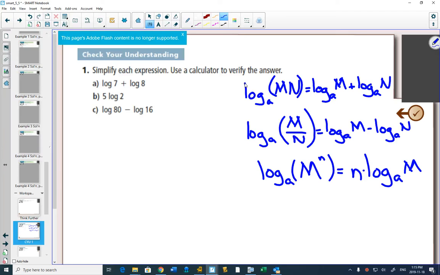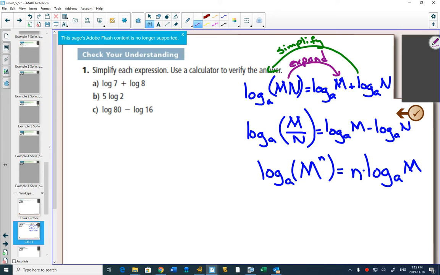As far as words go, whenever we go from the right side to the left side, the left side is considered the simplified side. And going from the left side to the right side is the expanded side.